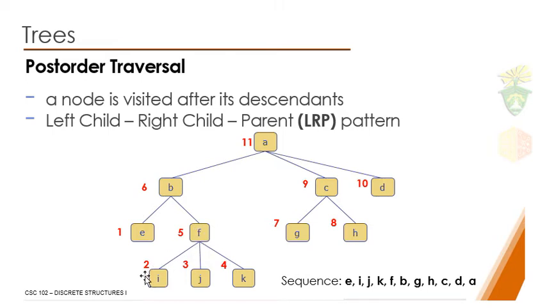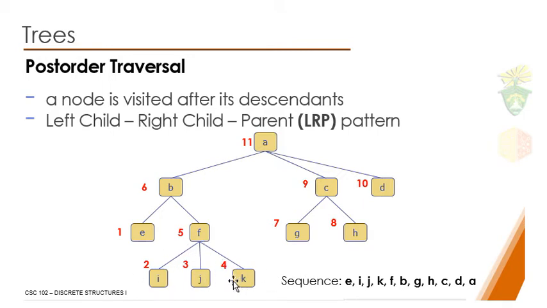So, going to the left child of F, that's I. It's a leaf, it's not a parent, so you go to the sibling of I. Left to right is the visit order: I, J, K, and then there are no more nodes following, so we officially visit node F, the parent, after the three of them.